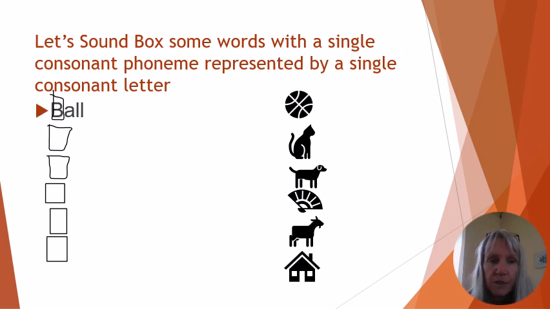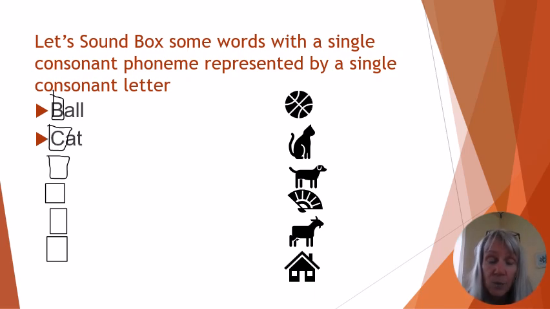How will that look sound boxed? It's a one consonant beginning, so we just put the sound box around the B sound. That's the only sound we're hearing at the beginning of that word. So we put a box around the B, the grapheme that represents that B sound.